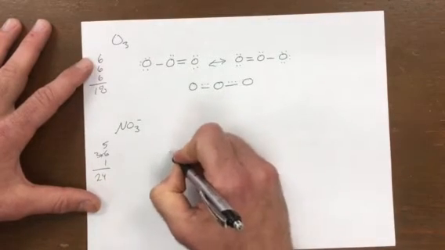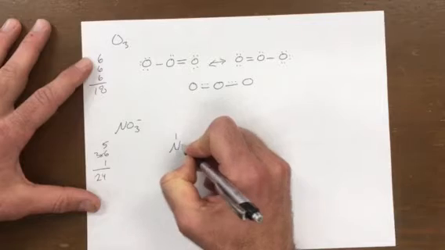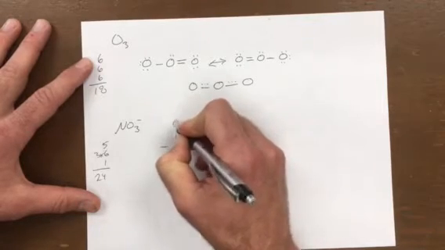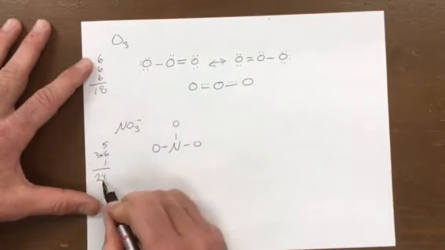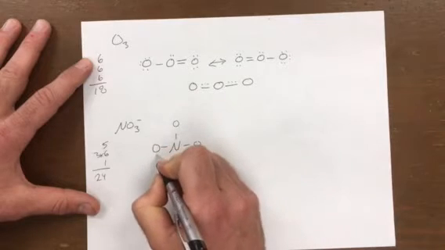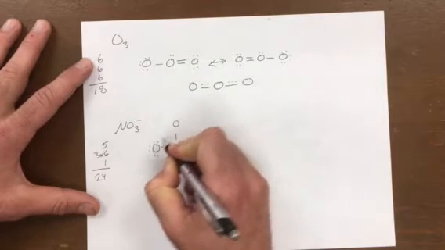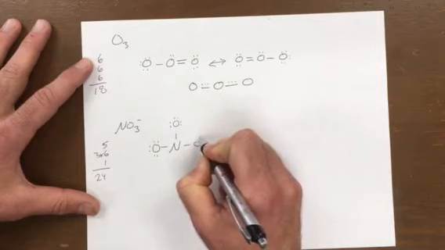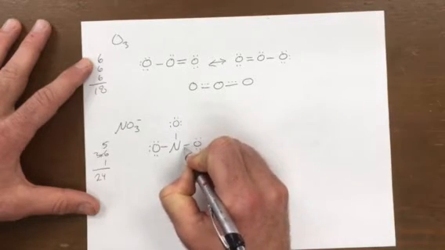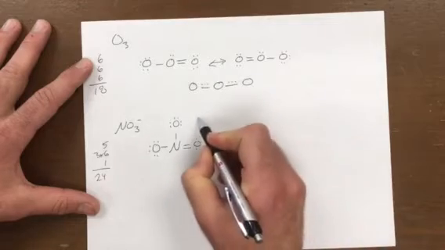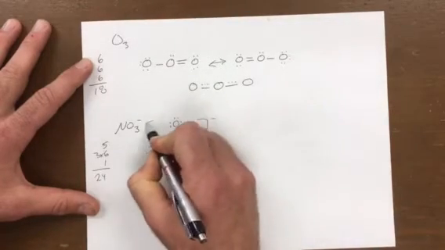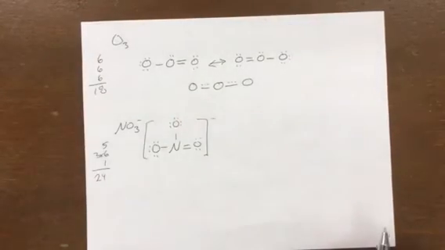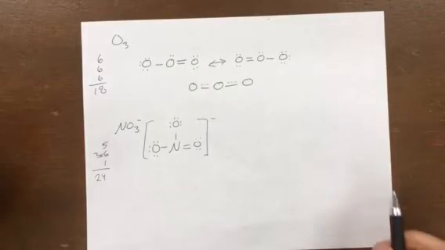So we have the nitrogen in the center, and then we have it attached to the 3 oxygens. And so that's 6 electrons, 7, 8, 9, 10, 11, 12, 13, 14, 15, 16, 17, 18, 19, 20, 21, 22, 23, 24. So this would be a Lewis dot structure for the ion NO3 with a -1 charge.